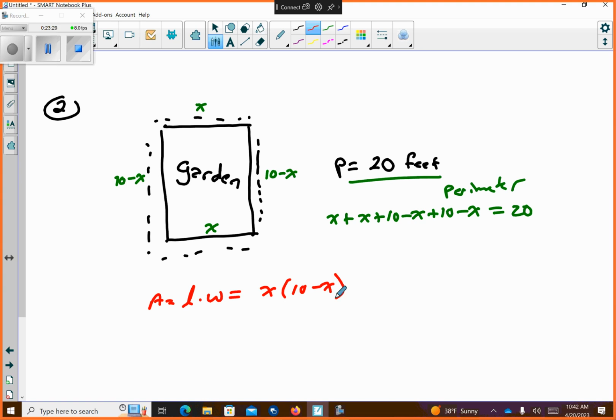We want to find the dimensions because I could have 1 foot by 1 foot and 9 foot by 9 foot. I could have 2 foot by 2 foot and 8 foot by 8 foot. I could have 3 foot by 3 foot, and 7 by 7. So I could have all of these different dimensions of my garden.